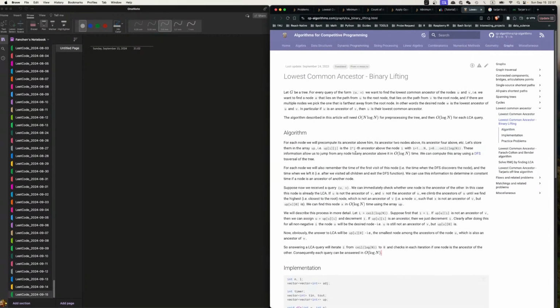O log n is the binary lifting. N log n to process the tree and then log n for each query. N log n to process the tree because you have to go through every single one, right? With your DFS, and as you DFS it, you will do log n.